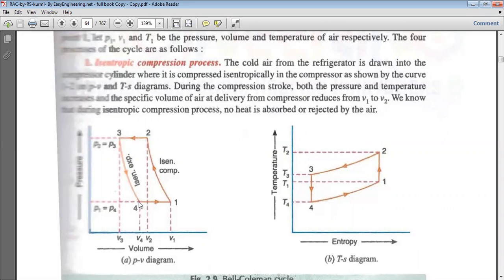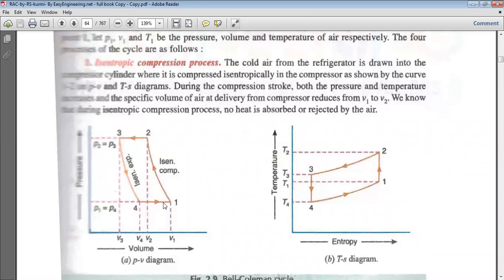That is the discharge of the expander, which is at low pressure P4 and temperature T4, and enters the refrigerator where products are to be cooled. The products are cooled by constant pressure heat absorption. What is 4-1? Constant pressure heat absorption.